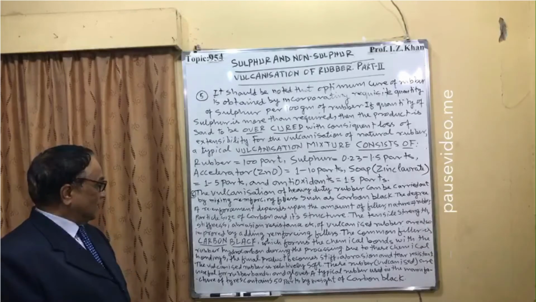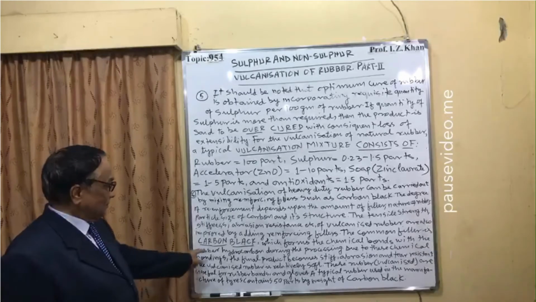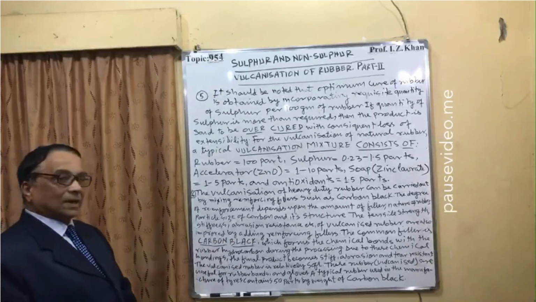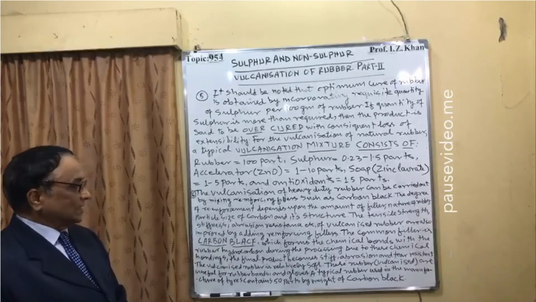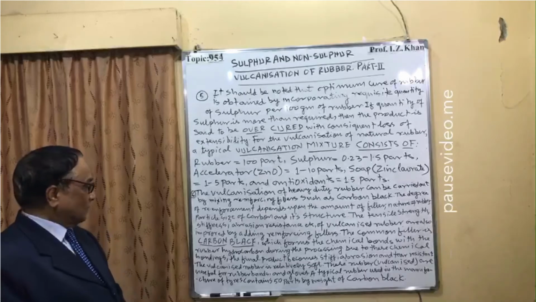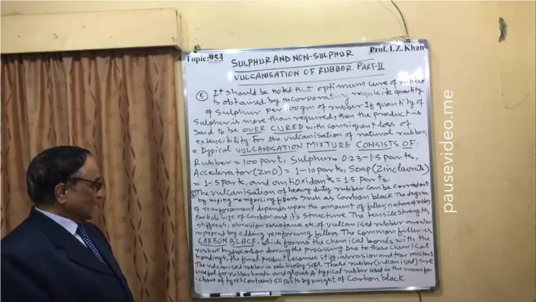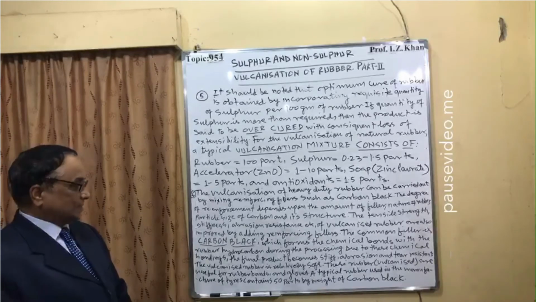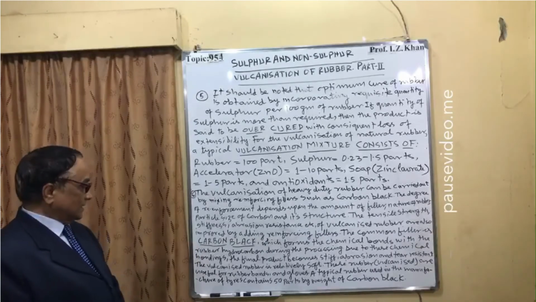The common filler is carbon black, which forms a chemical bond with the rubber hydrocarbon during the processing. Due to these chemical bondings, the final product becomes stiff, abrasion and tear resistant.